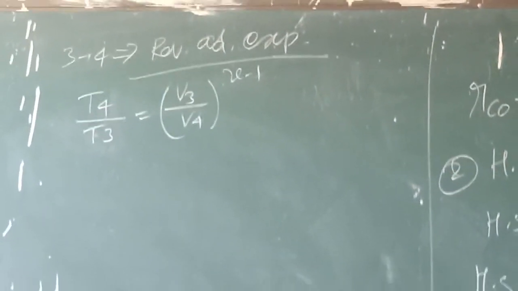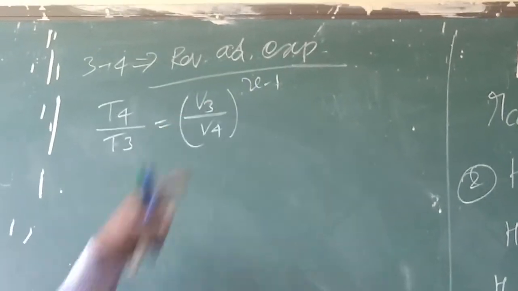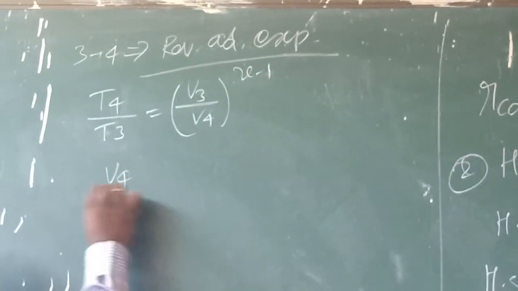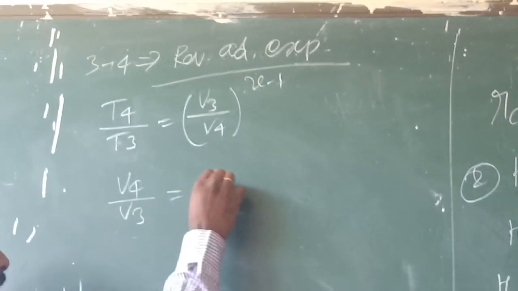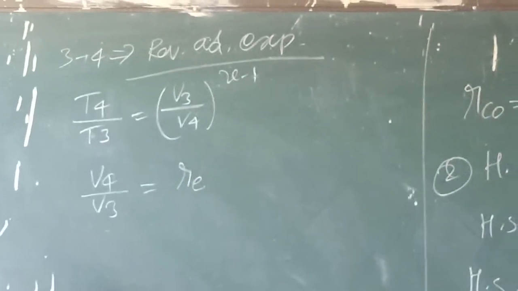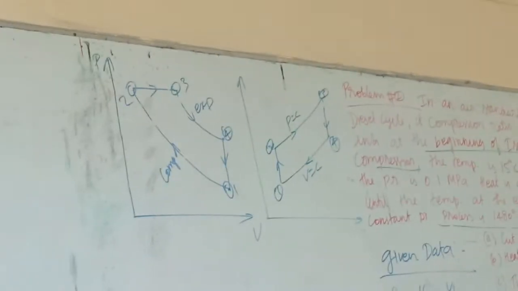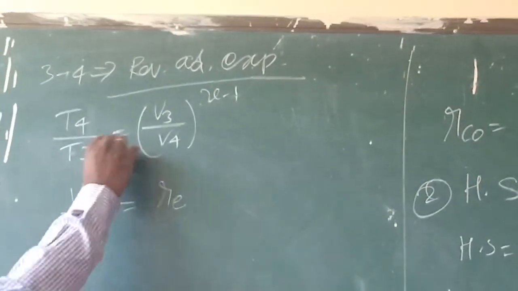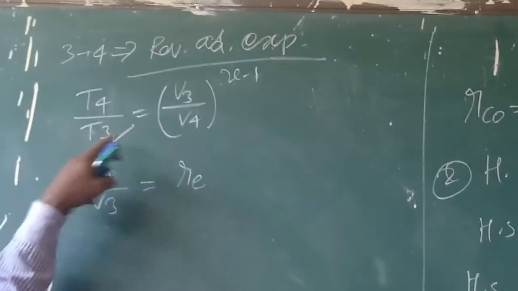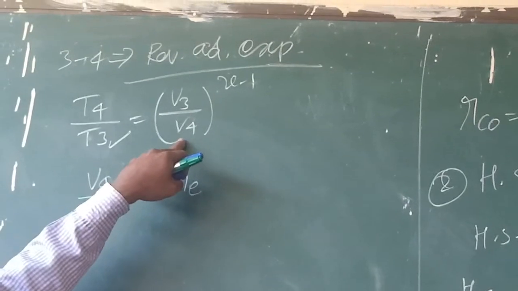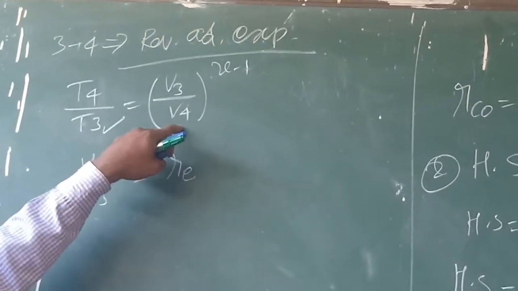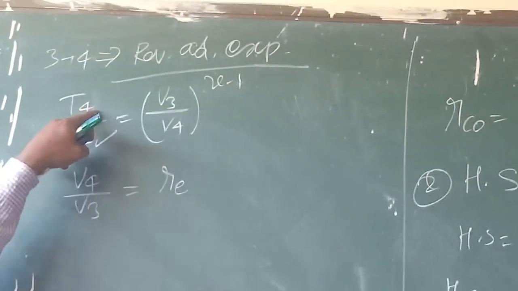Now, what is V3 by V4? Or we can write V4 by V3 equal to the expansion ratio. During the expansion process, V4 by V3 equals the expansion ratio. To calculate T4, because T3 they given in the problem, if we know the expansion ratio, then we can find T4.